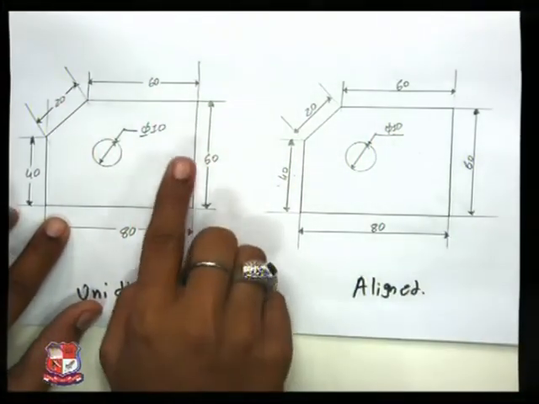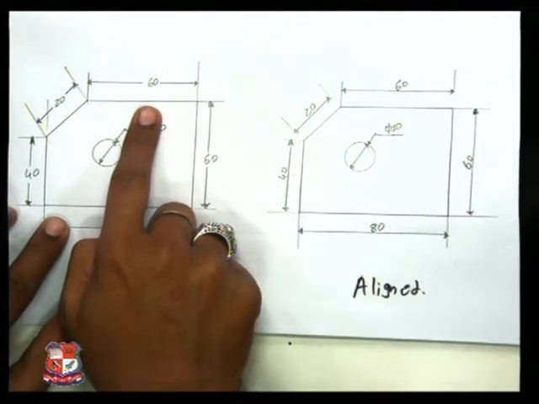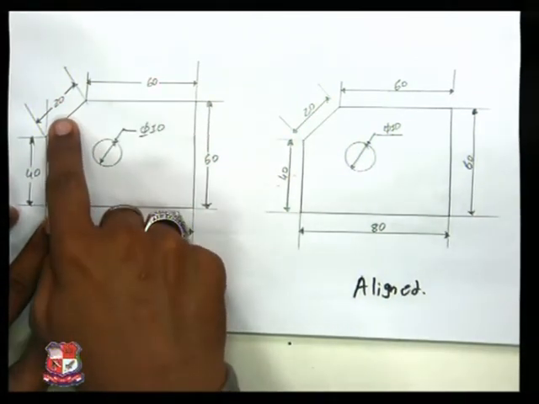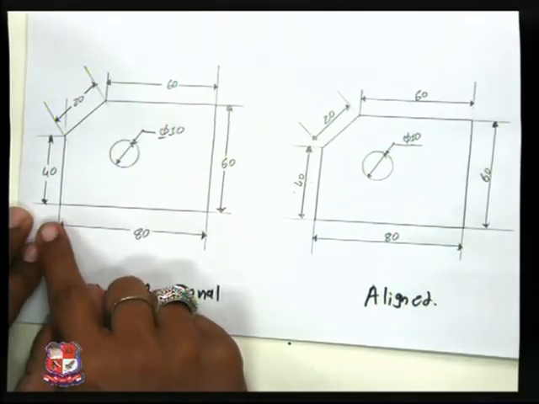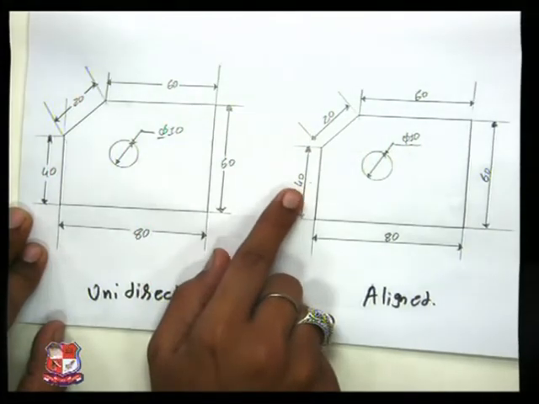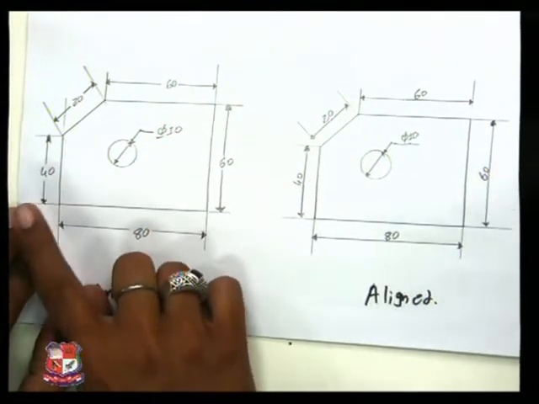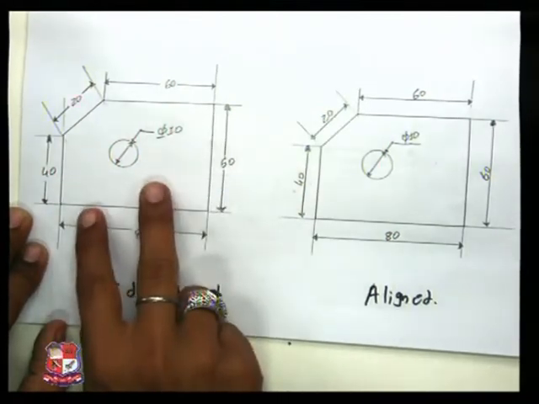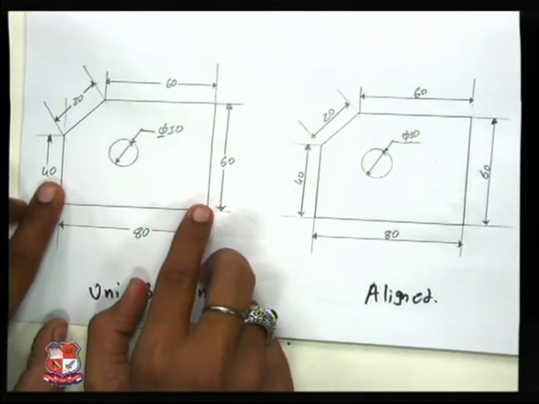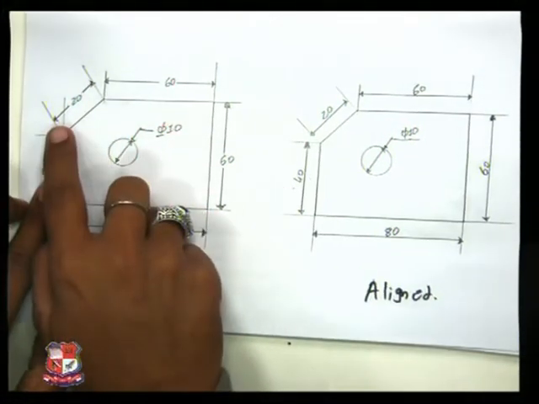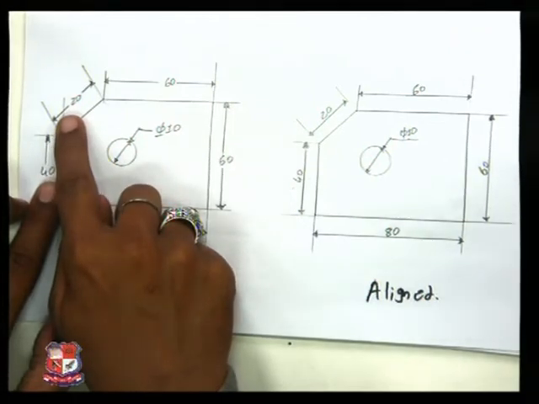Now again same way horizontal, again vertical. Dimension should be written above dimension line in aligned method, whereas in unidirectional it would be written in the break line. About the unidirectional, dimension line would be broken in the middle.